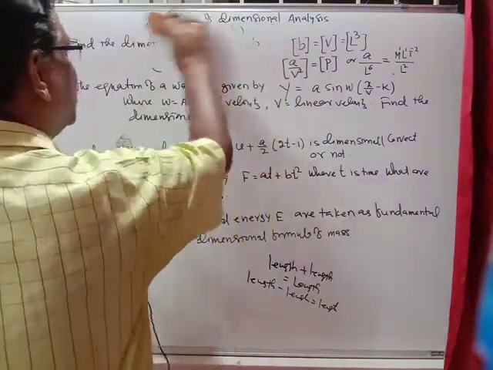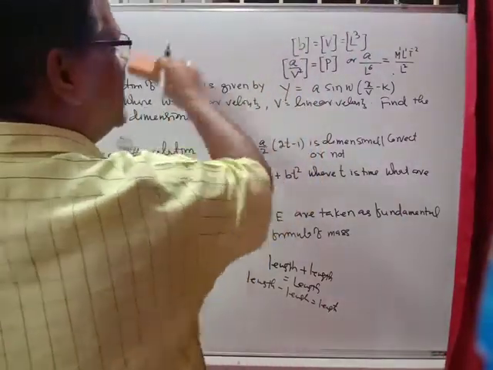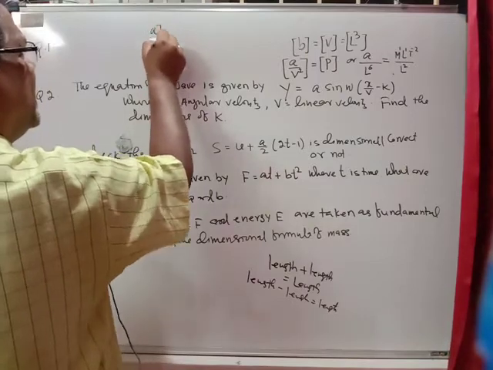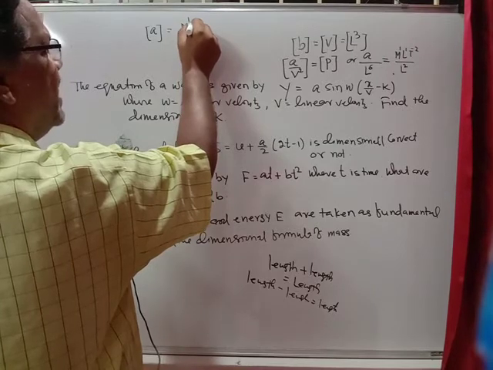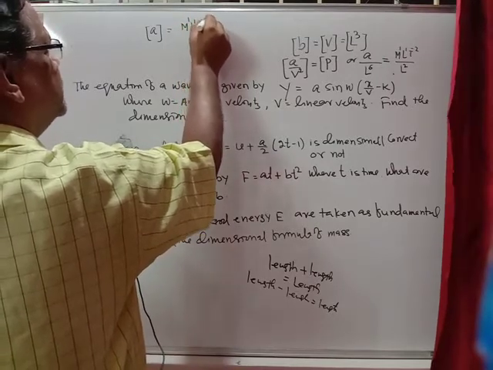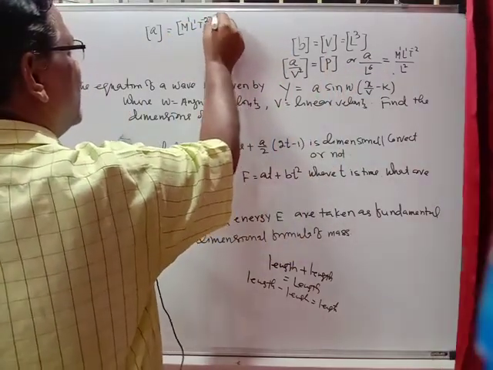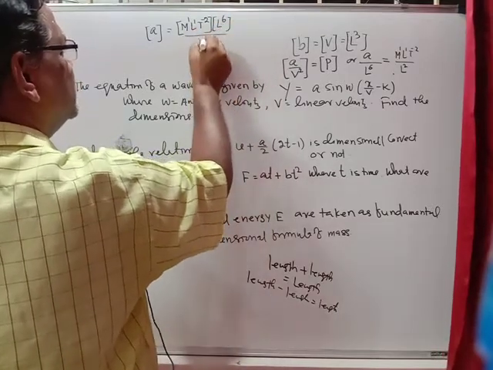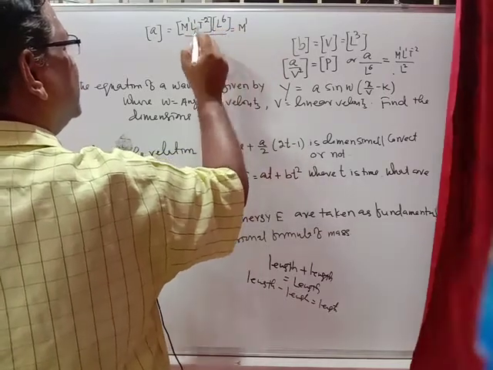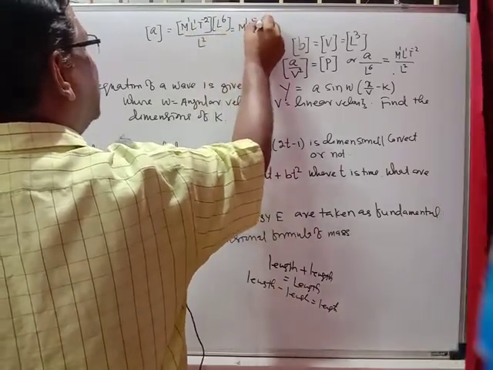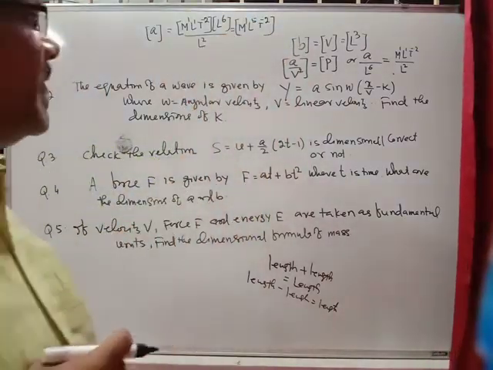In this manner, the dimensional formula of A is M1 L1 T minus 2, and then L6 will be multiplied, L6 upon L2. So finally you get M1 L5 T minus 2. The dimensional formula of A is M1 L5 T minus 2.